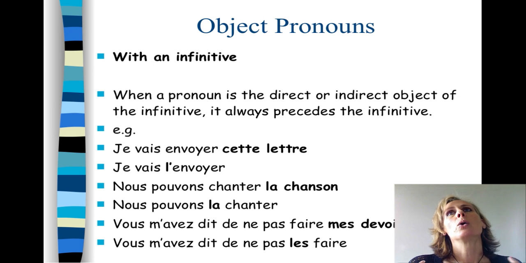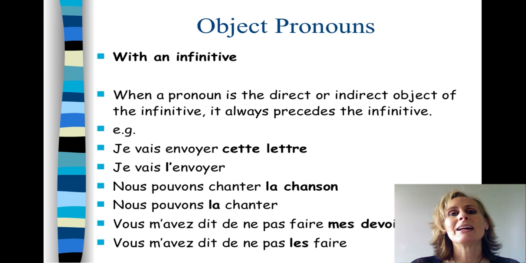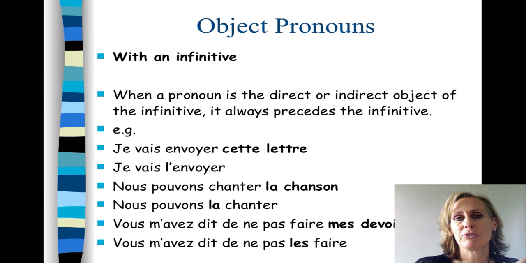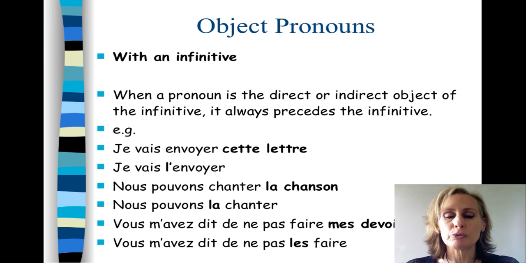Well, when we have ne and pas with an infinitive, not a conjugated verb, they both come before the infinitive, so that's a bit different. So if we have here, vous m'avez dit de ne pas faire mes devoirs. You told me not to do my homework. De, ne pas, coming before the infinitive, ne pas faire mes devoirs.